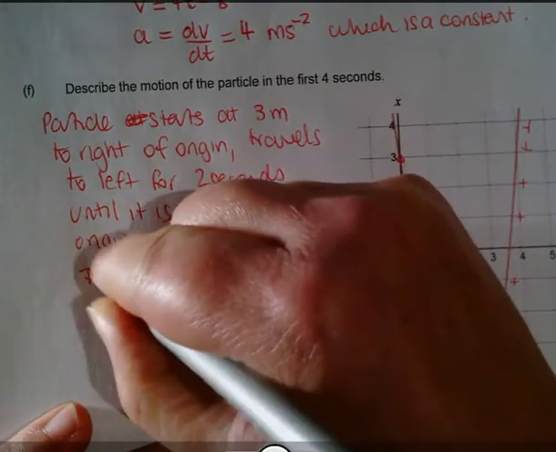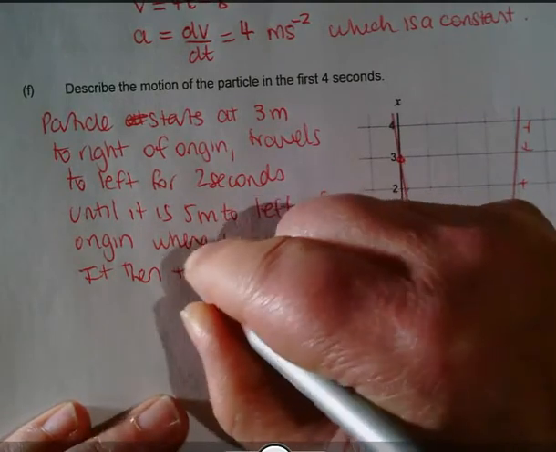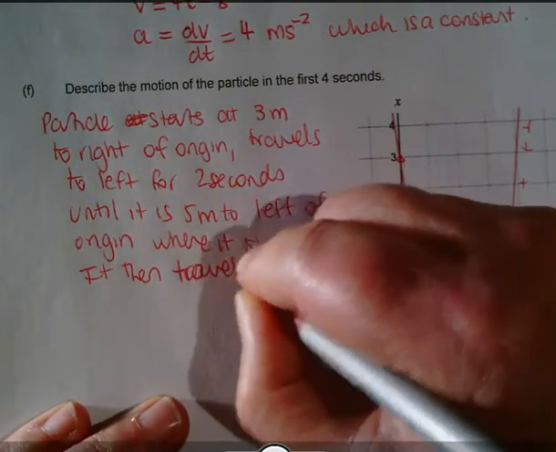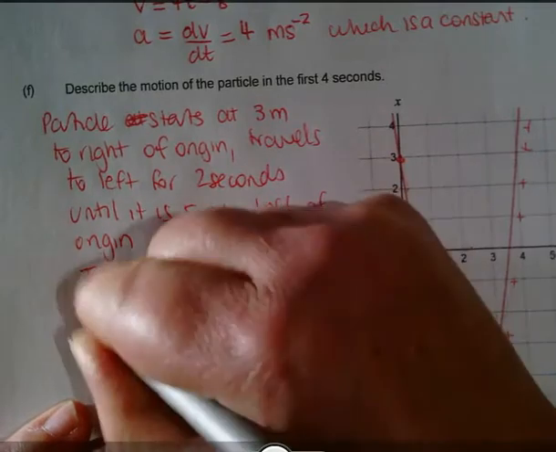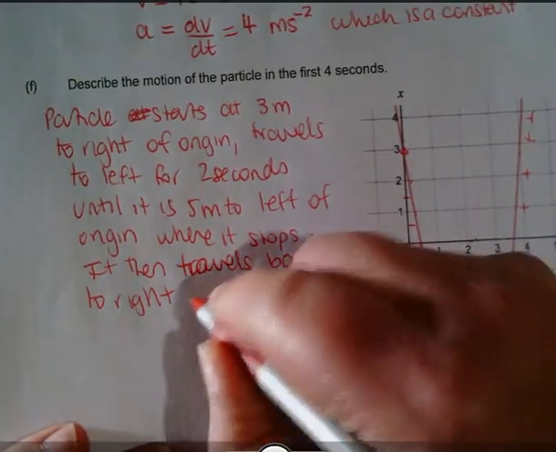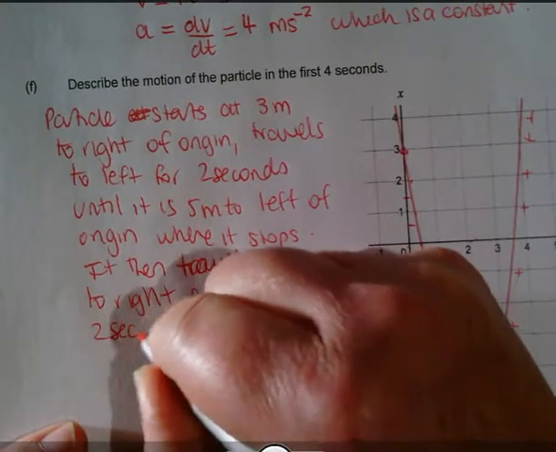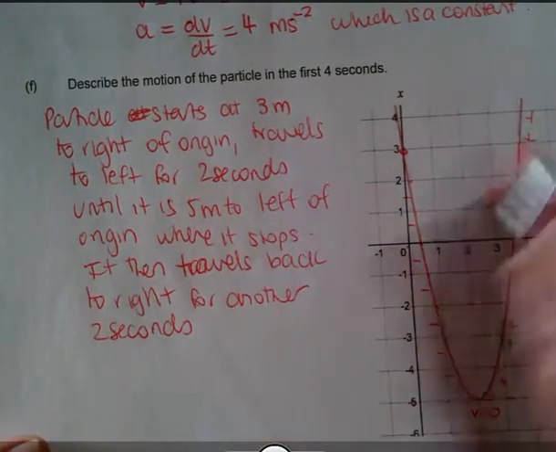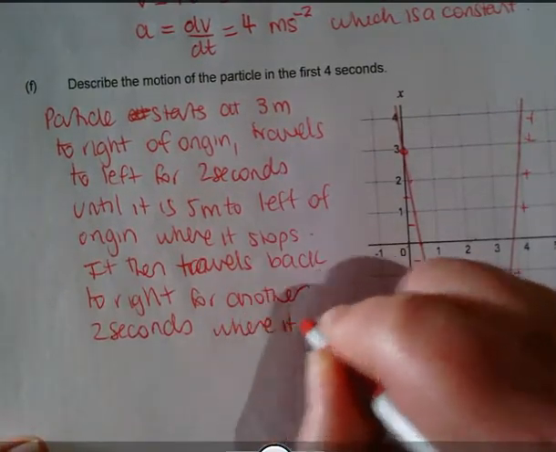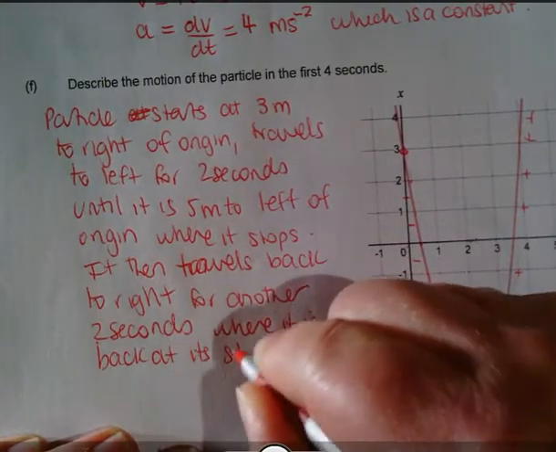It then travels back to the right because the velocity is positive for another 2 seconds, because they just want the motion of the particle in the first 4 seconds, where it is back at its starting position.